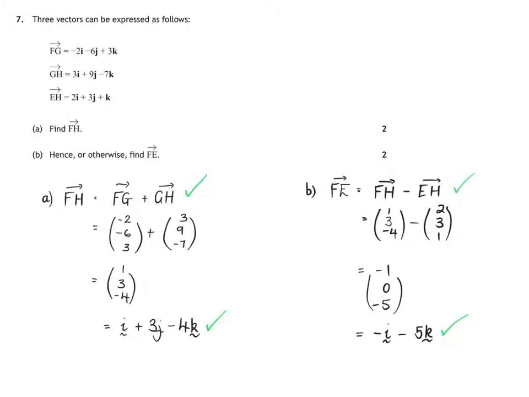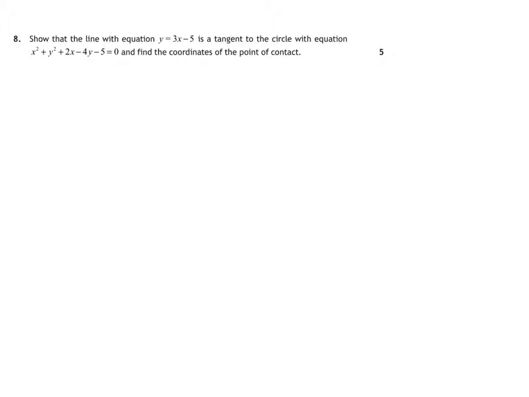So on to question 8. Okay, so we need to show that the line with equation y equals 3x minus 5 is a tangent to the circle with equation x squared plus y squared plus 2x minus 4y minus 5 equals 0, and find the coordinate of the point of contact.